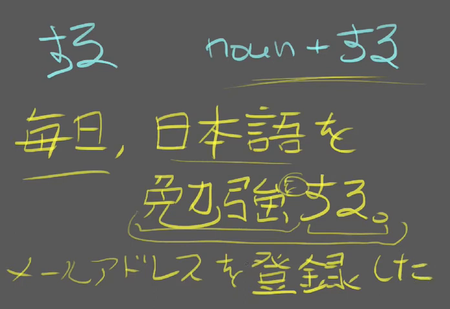So the meaning of that is register email address. So here's the noun, here's the past tense of suru, shita, and again we've got no O here. So メールアドレスを登録した. Okay, that's all we're going to cover for today.